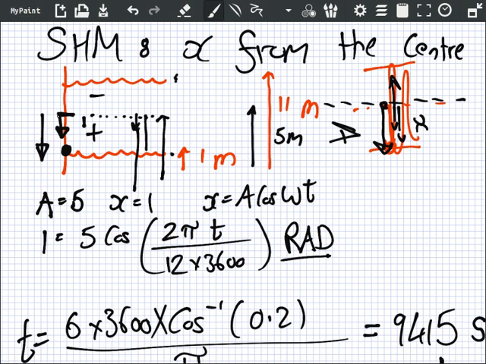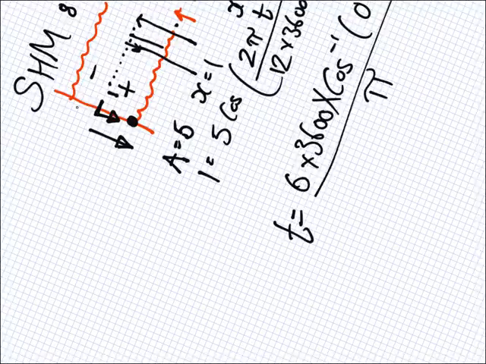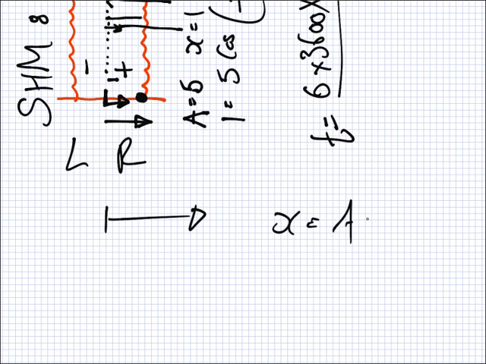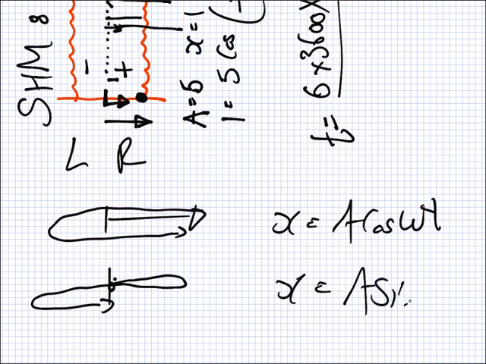If you turn it on its side, you can have right, left. And you remember that if you start from the right, it's a cos. But if you start from the middle and go to the right, whereas here you start from the right and go left, this one here is the sine.